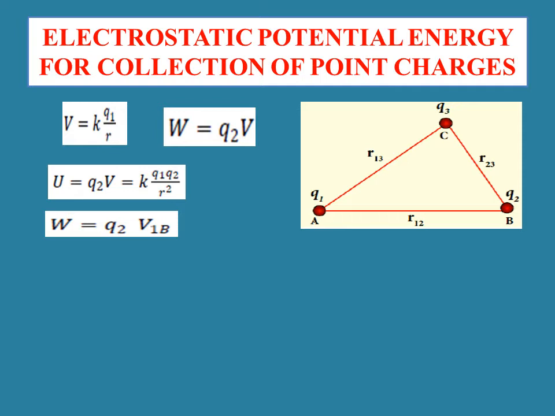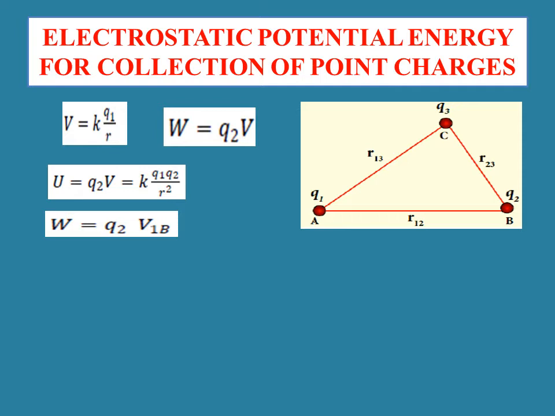Then the work done to move the charge Q2 from infinity against the force of attraction between Q1 and Q2 will be represented as W, which is equal to Q2 into V. Or the electrostatic potential energy U is represented as Q2 into V, which is equal to K into Q1 Q2 by R, where K is equal to 1 by 4 pi epsilon naught.